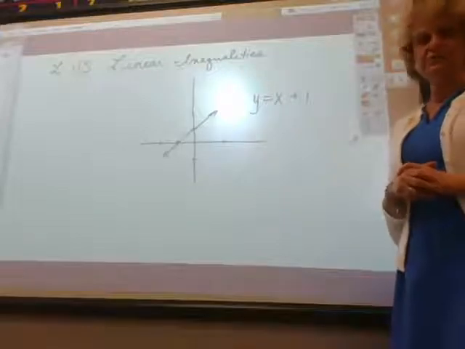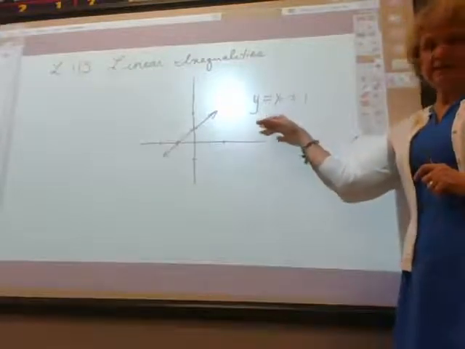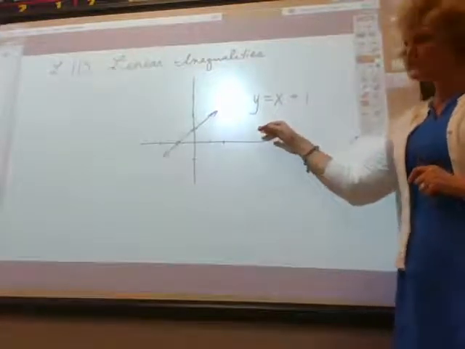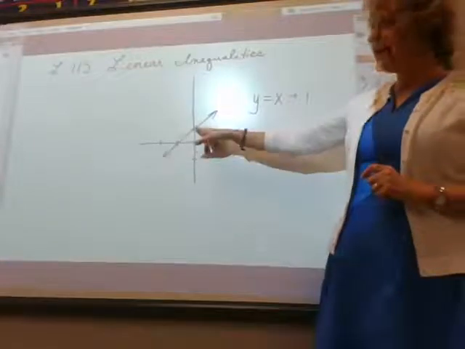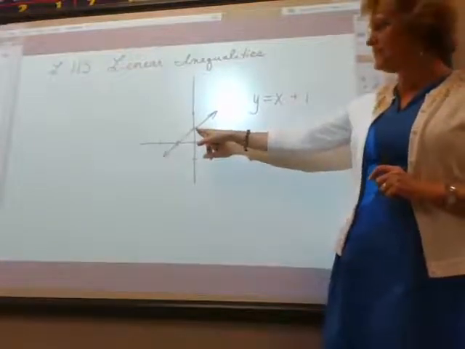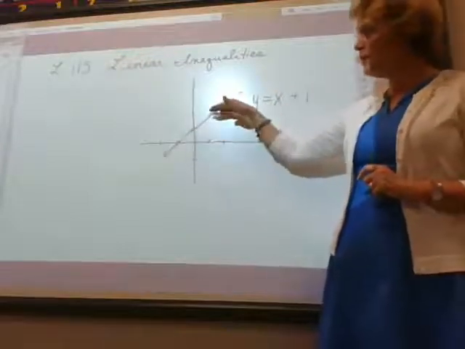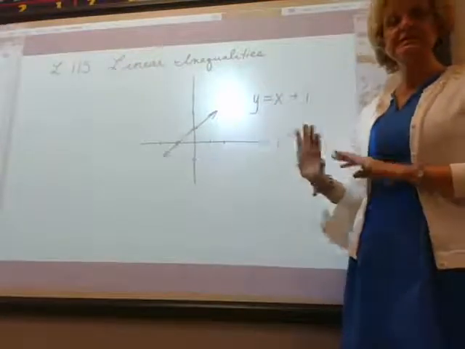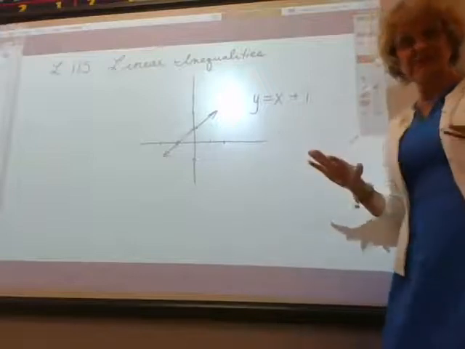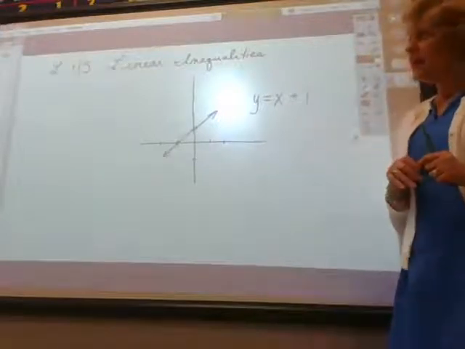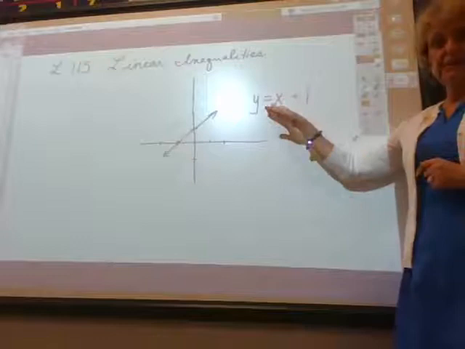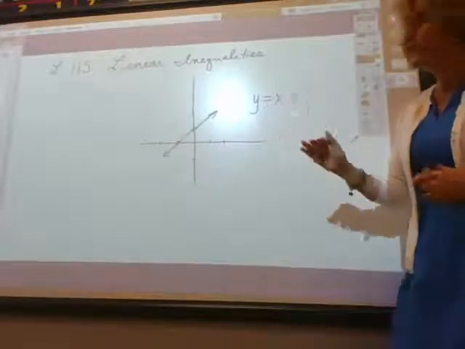I want to remind you, if you were graphing this line, y equals x plus 1, you would start at the y-intercept at plus 1. You would see a slope of 1, so you would go up 1, over 1, connect your dots, and draw your line. Okay, so you know how to do that. So today, instead of having an equal here, we have inequalities.